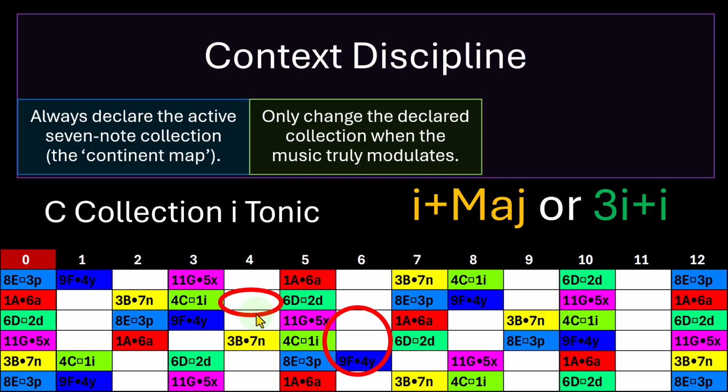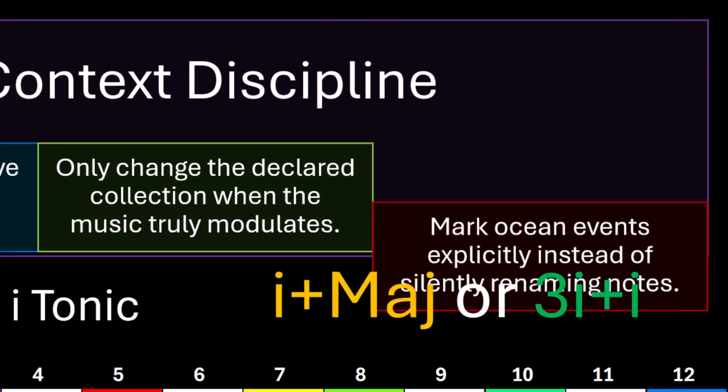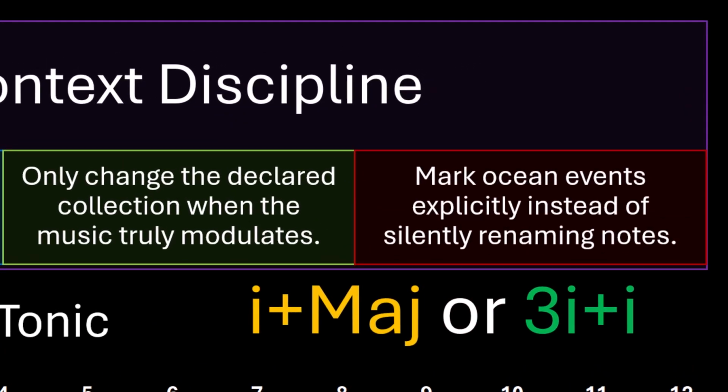The DAW just gives you all the notes. It doesn't tell you, this part of the song I'm seeing from the perspective of C major, and this part I'm now seeing from the perspective of the collection of notes of C sharp major, right? It would be better to distinguish that. You shouldn't have to guess.